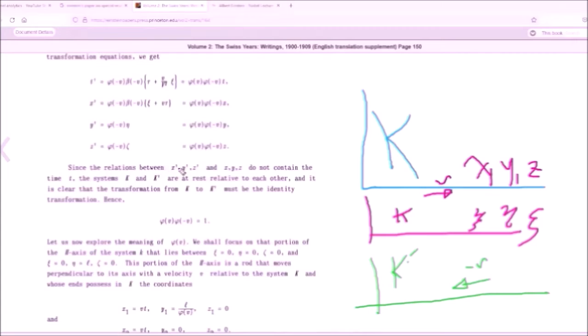Since the relationship between x prime, y prime, z prime, and x, y, and z do not contain the time t, the systems k and K prime are at rest relative to each other, because one of them is going in the opposite direction, because K prime is going to the opposite direction of small k. It has to be at rest with respect to t.